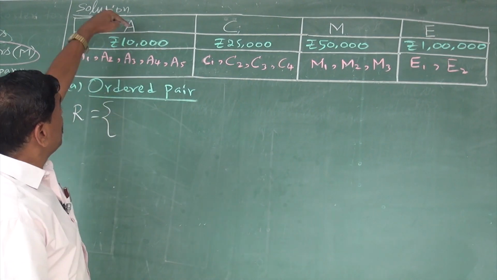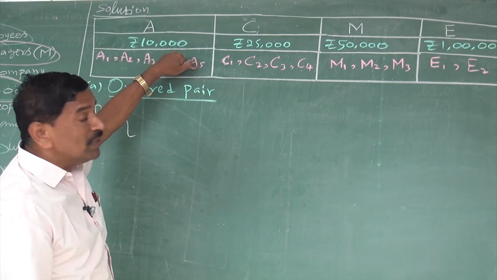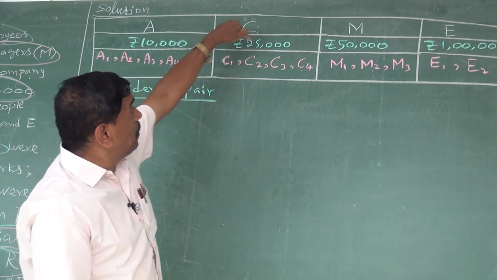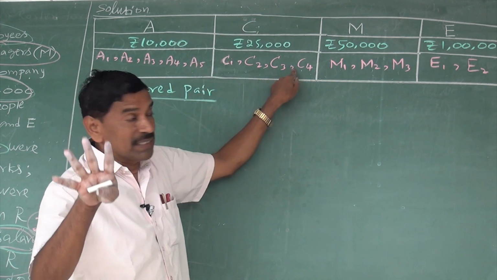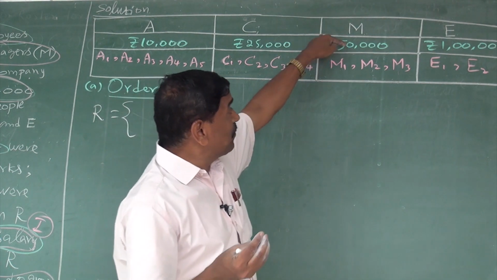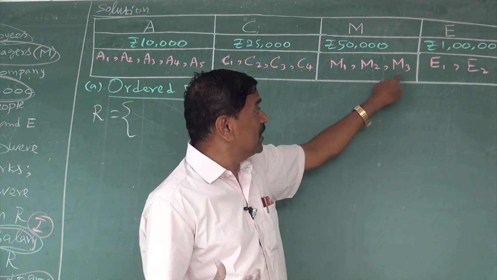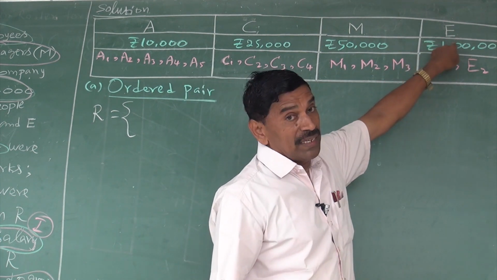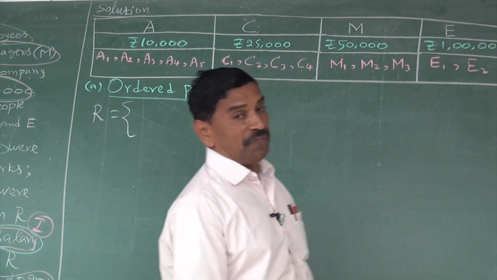Rupees 10,000 is related to all the 5 assistants. Rupees 25,000 is related to all the 4 clerks. Rupees 50,000 is related to all the 3 managers. Rupees 1 lakh is related to both executive officers.